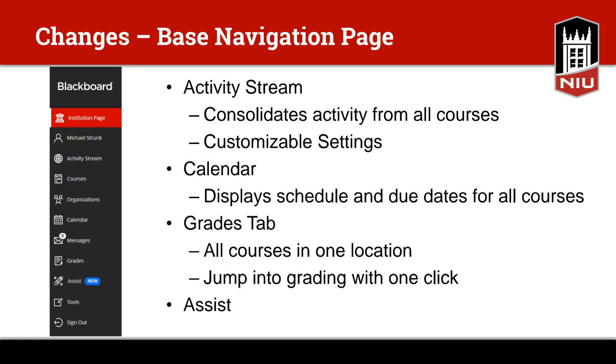But I think the most important consideration is to remember that the activity stream is customizable and it is controlled by the end user. So what that means is that, yes, these notifications are all going to the activity stream, but the end user can actually turn off notifications. You as an instructor may have already done this because if you are teaching and taking several different courses, that's a lot of activity that happens every day and it can be a little overwhelming.